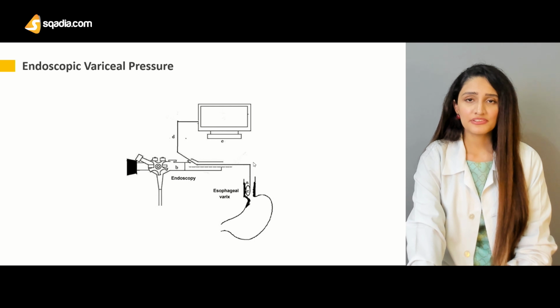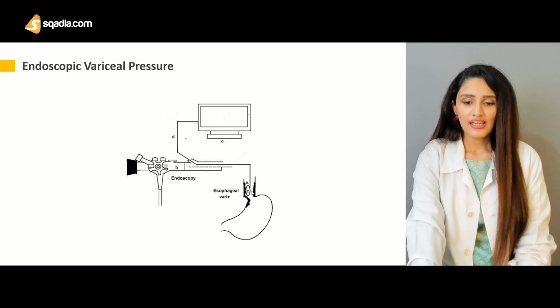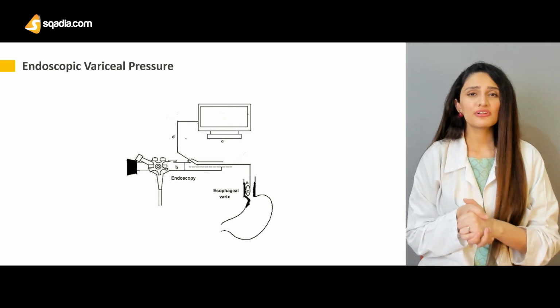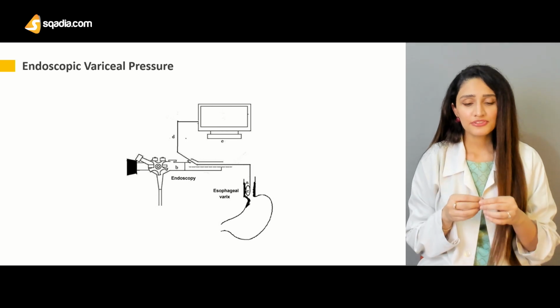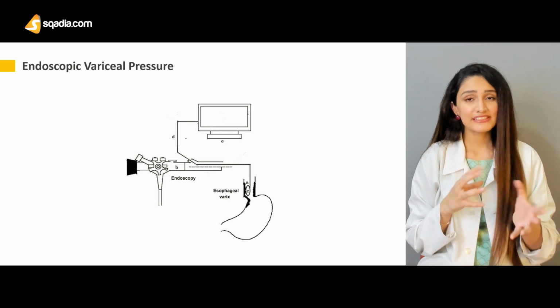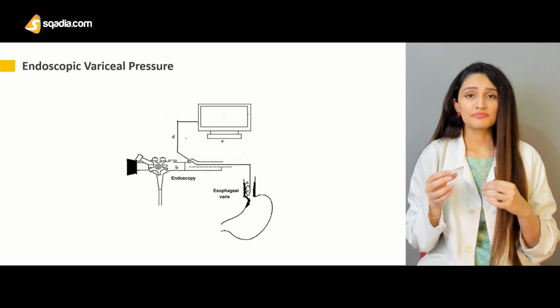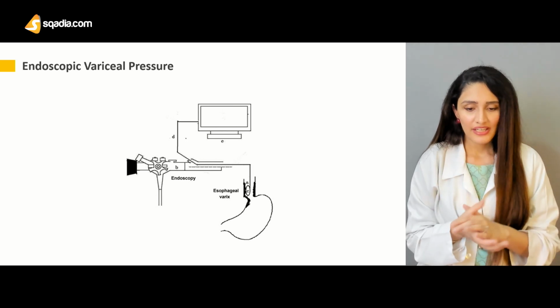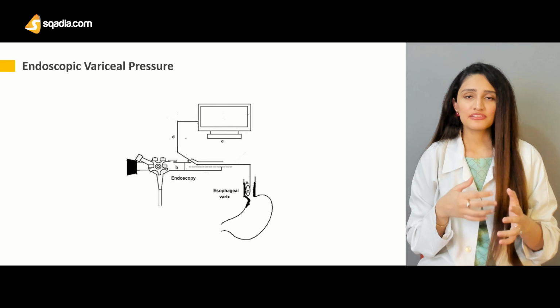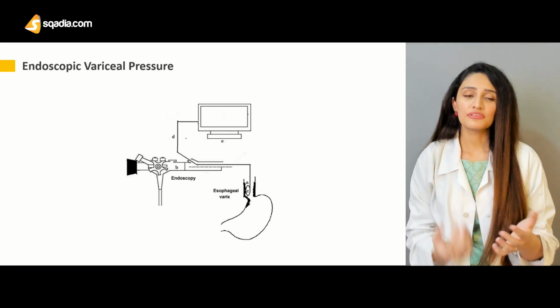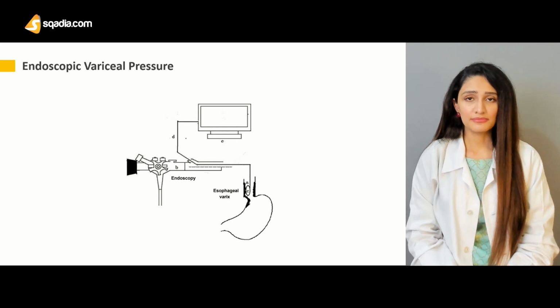An endoscope is introduced through the mouth into the esophagus, and then a needle is inserted, or at the tip of the endoscope there may be a pneumatic pressure sensitivity gauge that measures the pressure of the varices or the variceal wall. There's also a method known as the manometry endoscopic method. This is also done to measure the endoscopic variceal pressure.